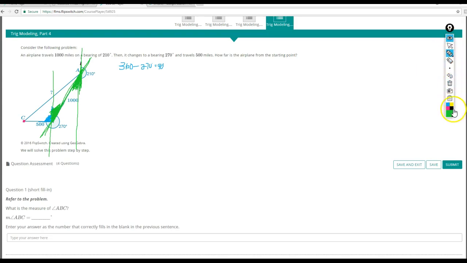I'm thinking to myself, okay, well, I know that from due north to due south creates a straight line. So then I know that that would be 180 degrees. And so I know that to get from 210, I need to subtract 180 to find that remaining portion. And 210 minus 180 is going to give us 30 degrees.